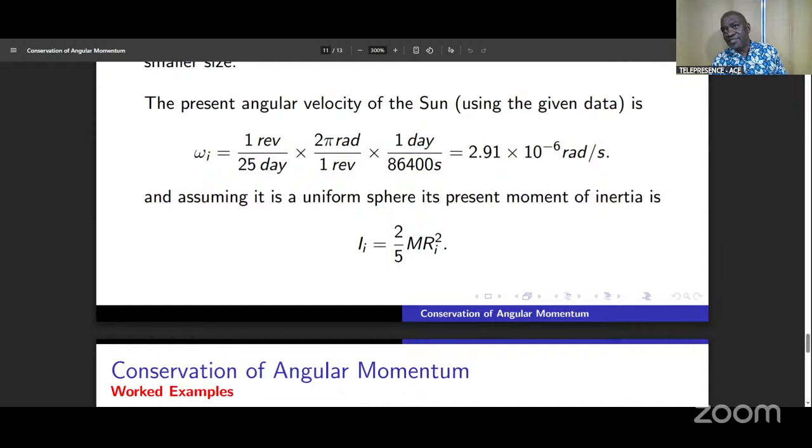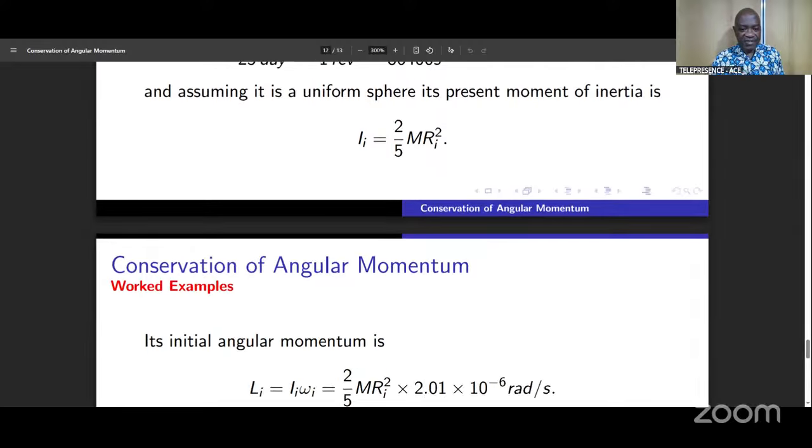But you'll be doing that in your more advanced work in due course. So anyway, the moment of inertia of this uniform sphere is 2/5 m r squared, where m is the mass of the sun and r is the radius.